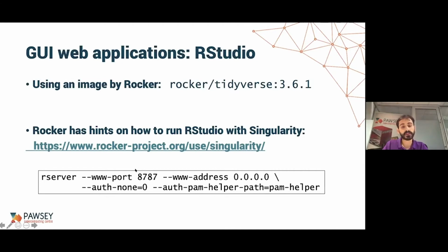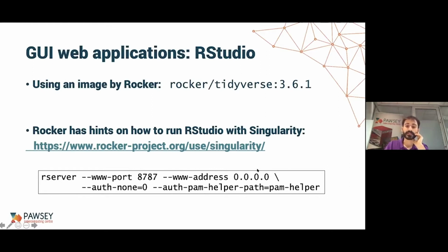You need this because you will be launching RStudio from a terminal, and then you will access RStudio from a web browser. So you need a communication port, which allows the web browser to find the container or the R server and communicate with it.